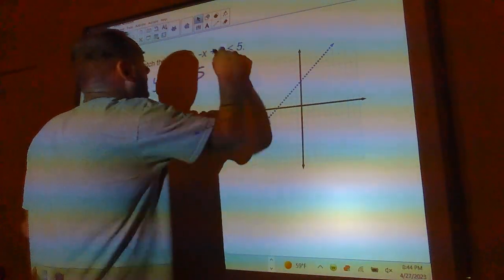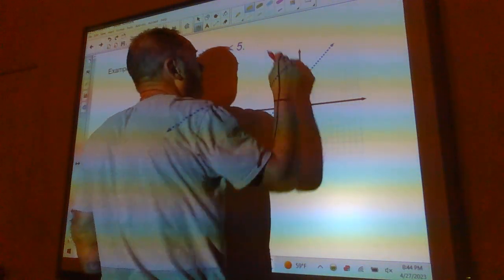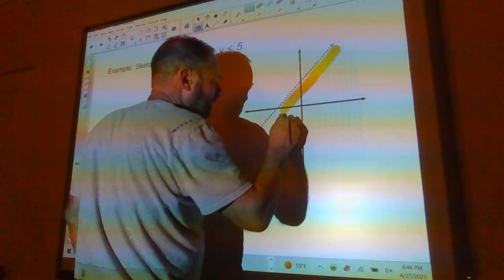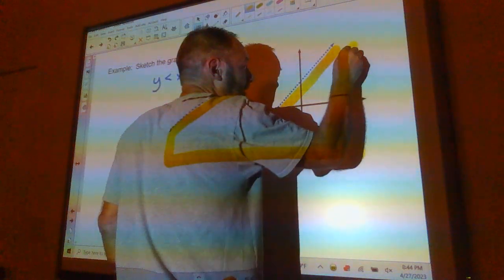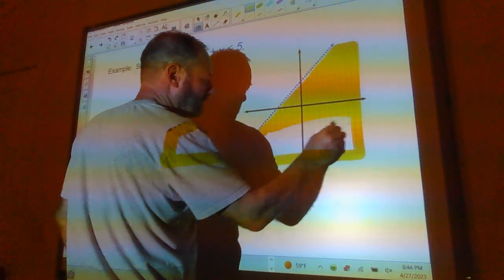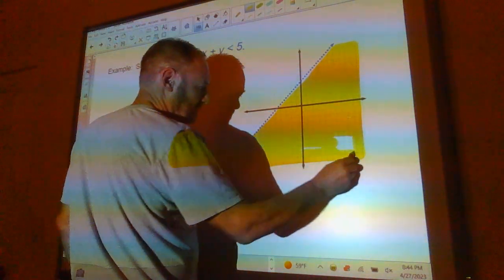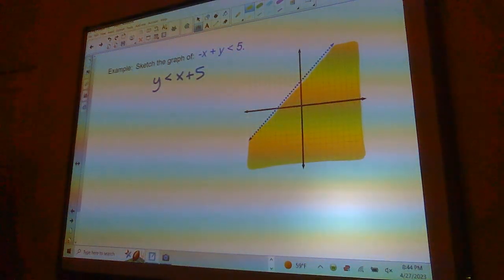So I got to be below the line. So I'm going to go ahead and get my highlighter, and I'm going to shade anything below that line right there. Okay, there's my graph.